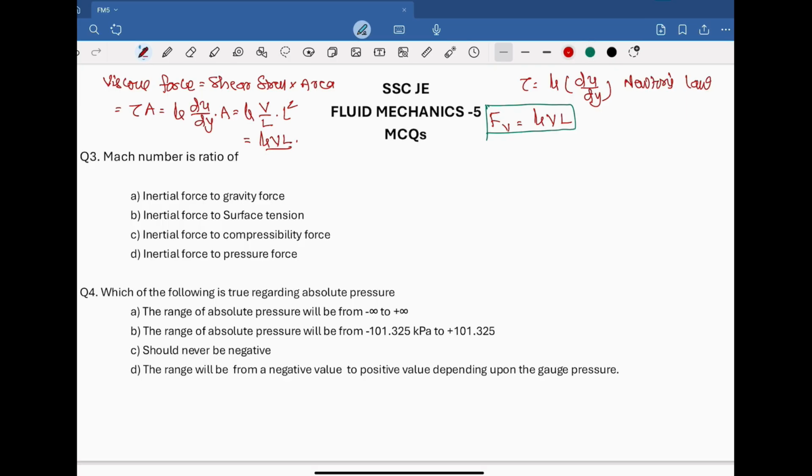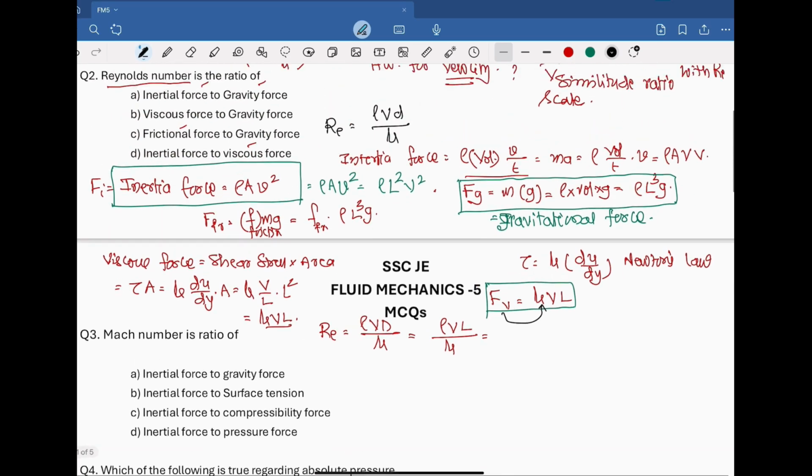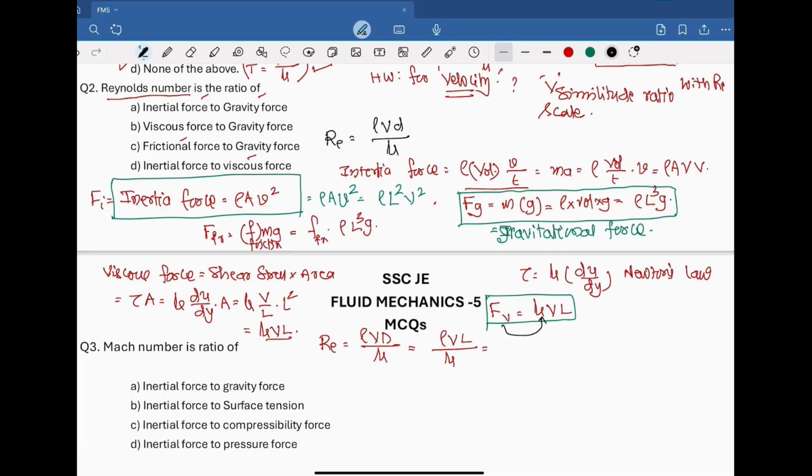Now, Reynolds number, what is the question? Reynolds number is equal to rho V D by mu, where rho V D is nothing but rho V L by mu. Mu is related to viscous force, and rho and V are related to inertial force.